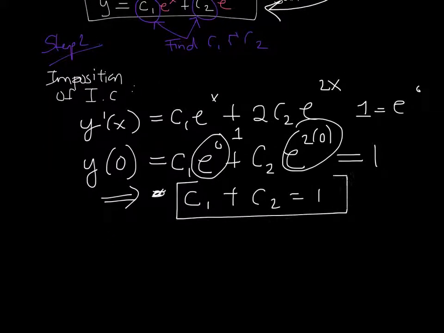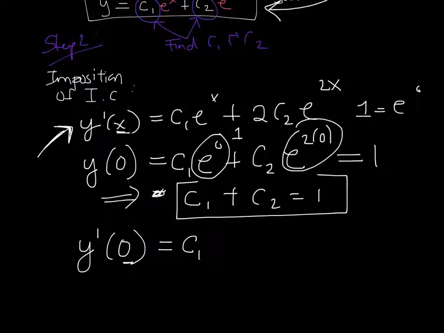And notice we did not generate our C1 automatically, but we will find it. And our y prime of 0, because we're imposing our initial conditions. Okay, so I'm going to use this guy now and insert our 0 for x.